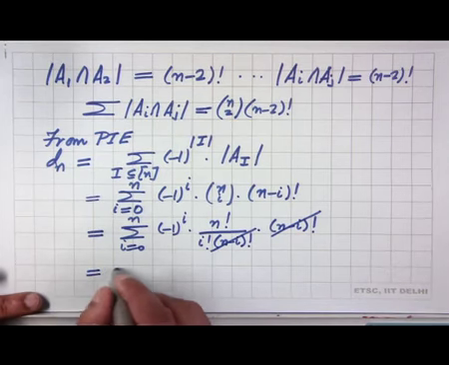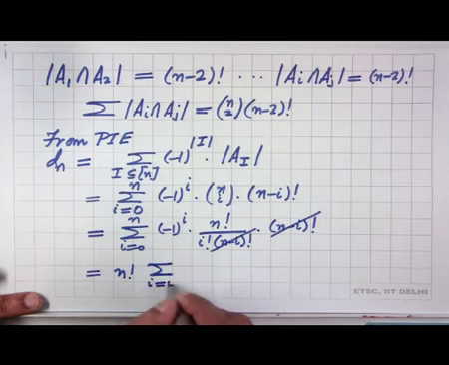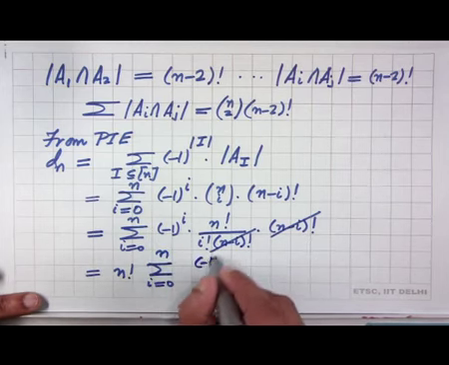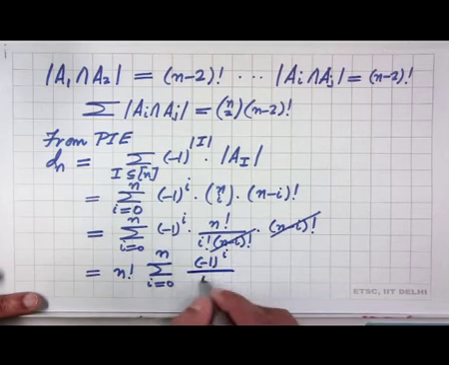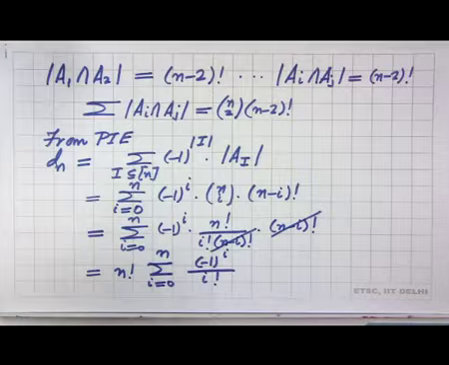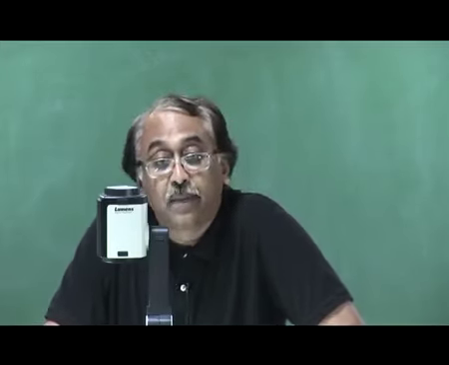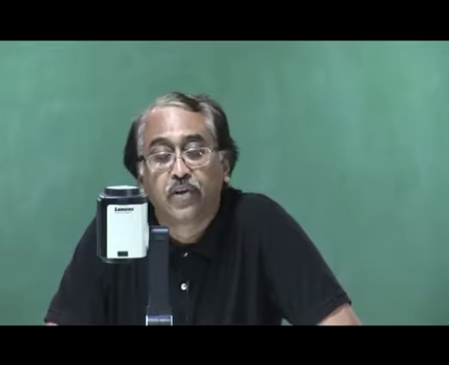And I could write this as n factorial, which is independent of the index of summation, times minus 1 to the power of i over i factorial. This then is the formula for dn. It cannot really be simplified. You're adding alternately plus and minus the reciprocal of factorials.